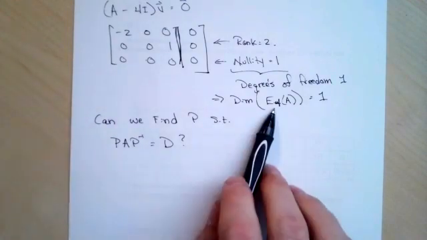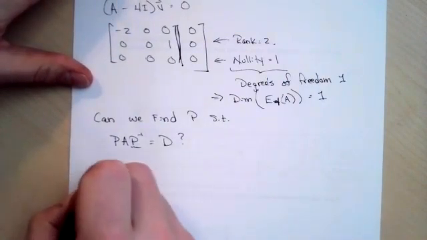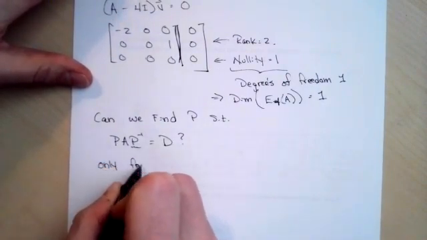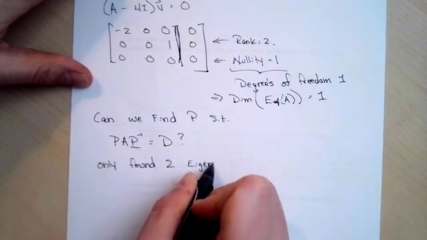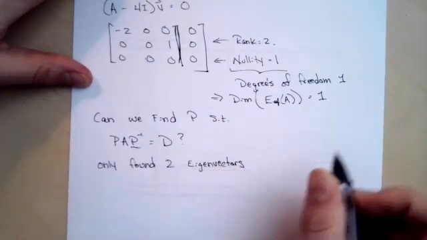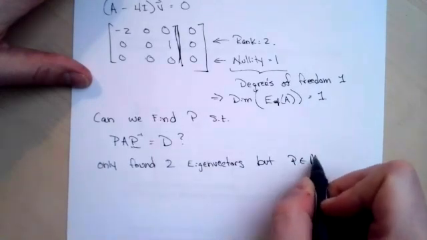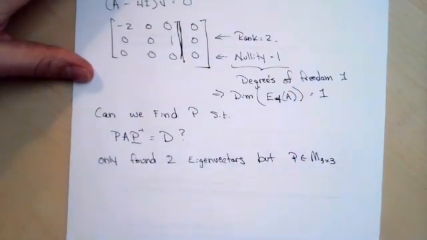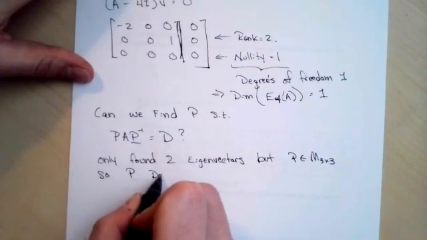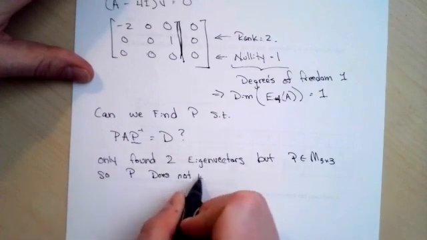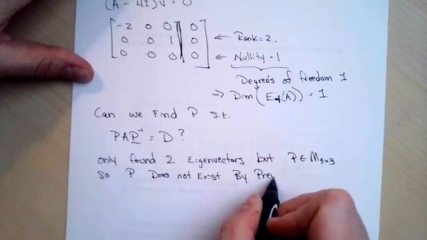And since we only found 2 eigenvectors, and this has to be 3 by 3, so that P is a 3 by 3 matrix, P does not exist, by the previous theorem.